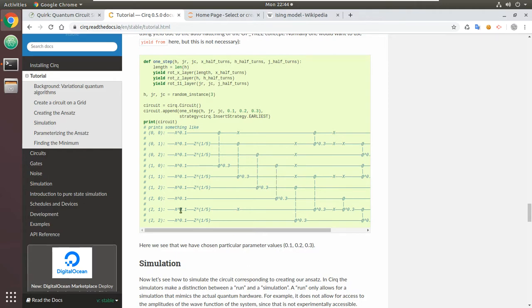Because we said the first layer of X rotations is to get you into superposition of all the possible inputs. Then you've got the Z operations, which basically reflect the H field, so the external field.